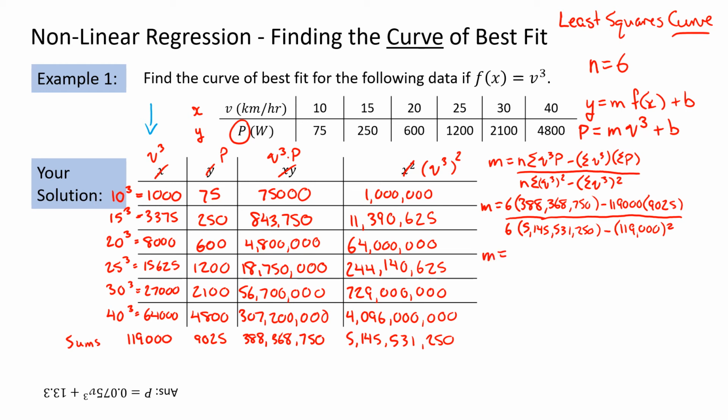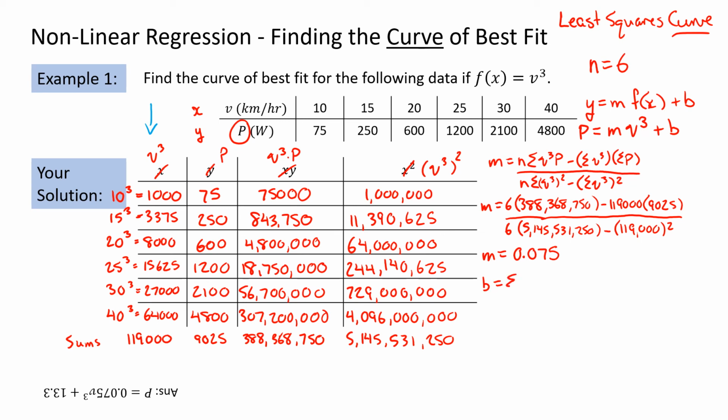If you calculate that out correctly, you will get 0.075 for our slope. Okay? So these numbers look large, they actually come out to a reasonable number. The same thing will happen for our y-intercept b.